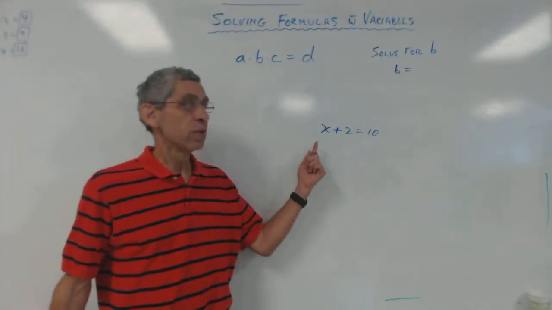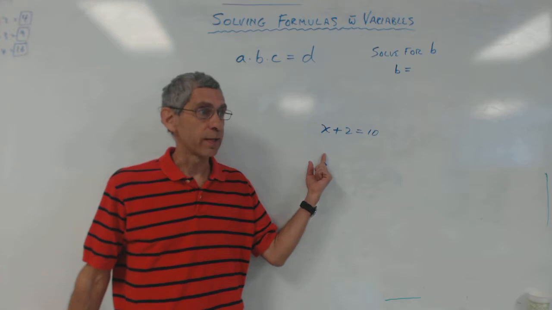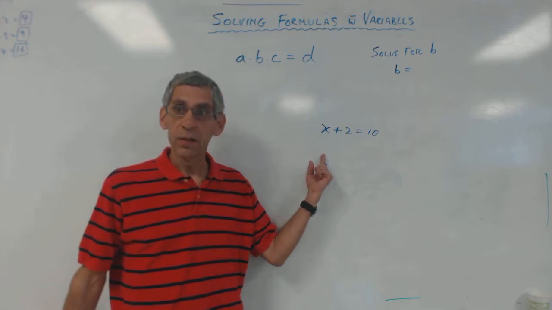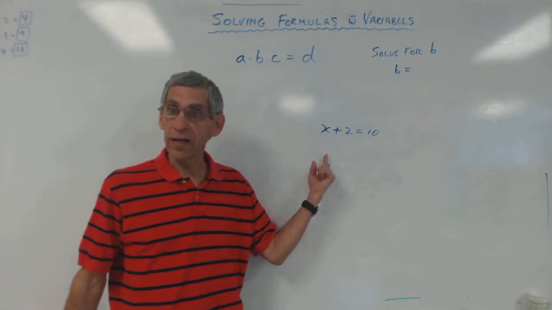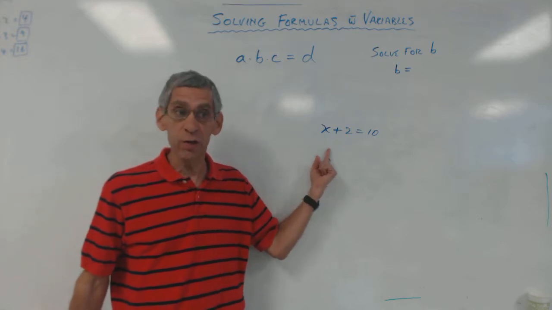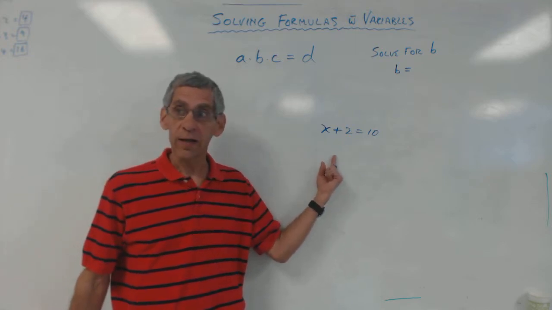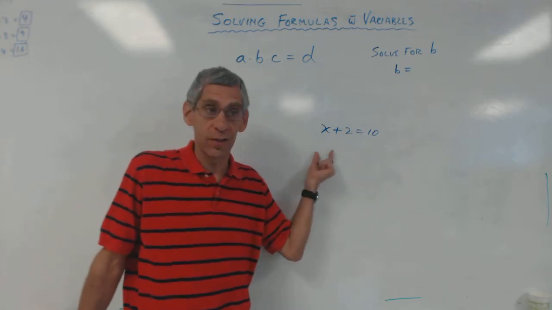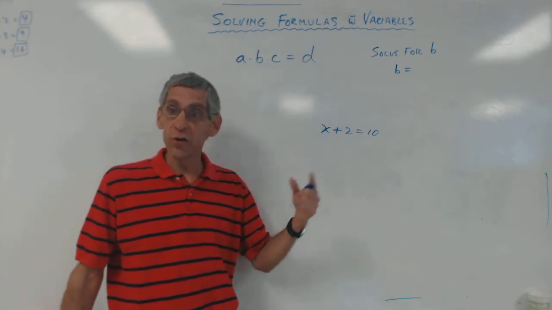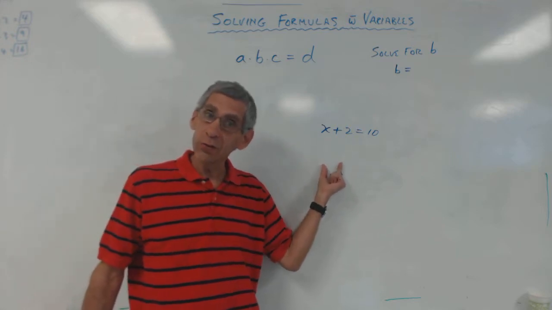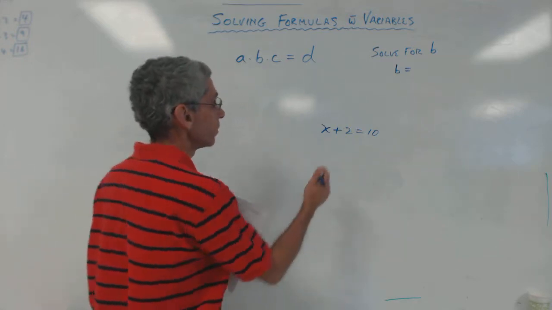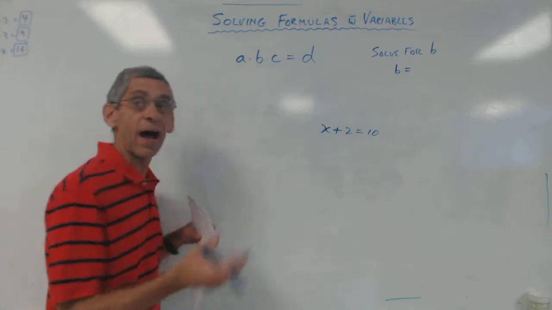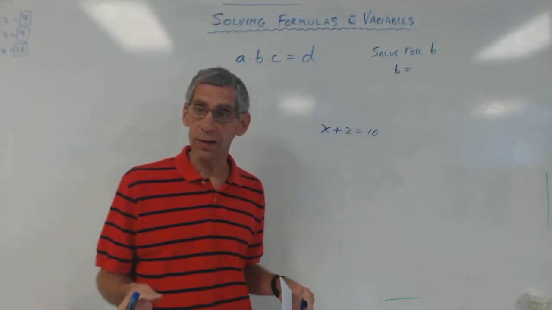And I said last night x was all by itself, and this morning I came in, somebody had added a 2 to my x. So you've got to figure out what the 2 did to the x. It added to the x, right? So I want to undo it. How do I undo it? I subtract it again from my x. So I have to do the opposite of what was done.